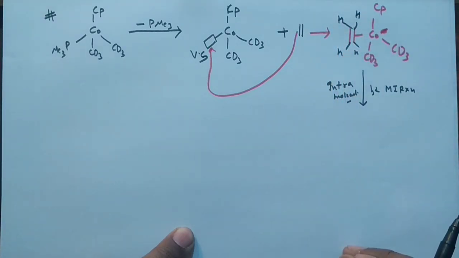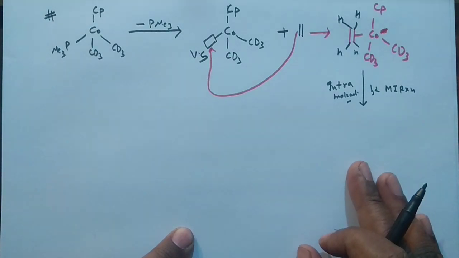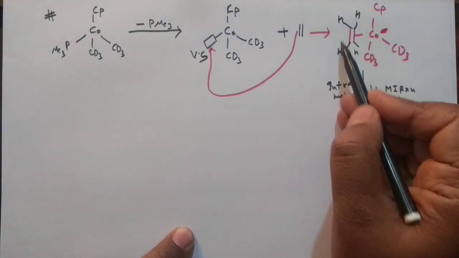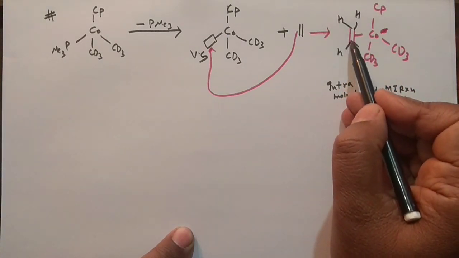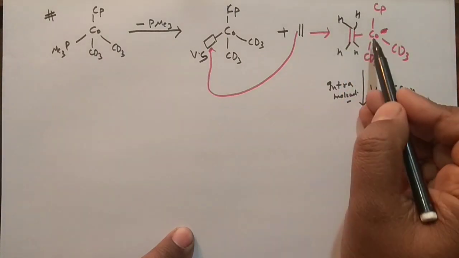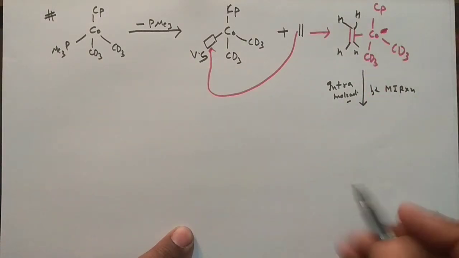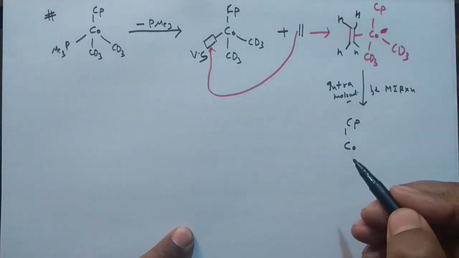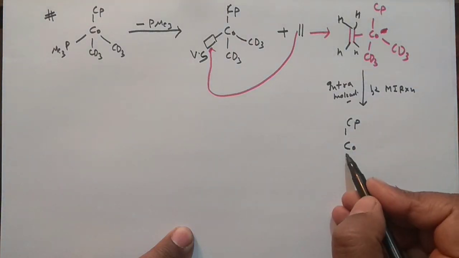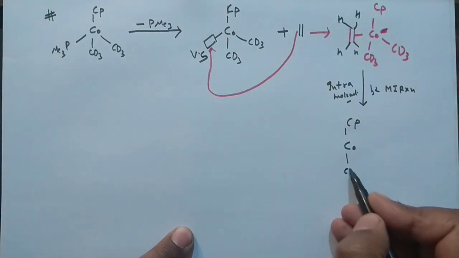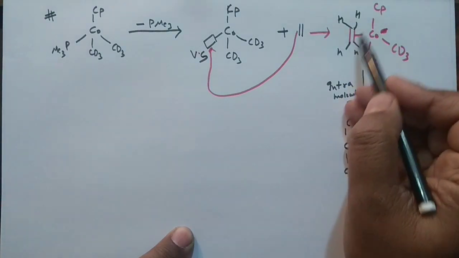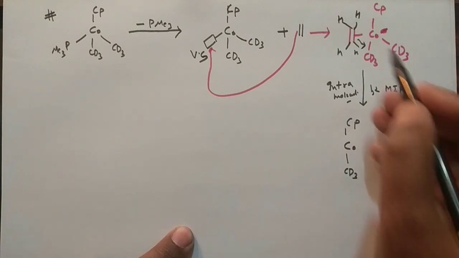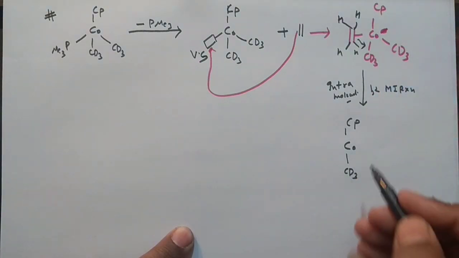Okay, and in that case you can see what they will form. So this alkene would get inserted between either of these two bonds, whether to this one or to this one. So you can write Co, Cp over there, there is no problem in that, and then your CD3, and this alkene part will get inserted, say over there or over this particular bond, anywhere you can draw.